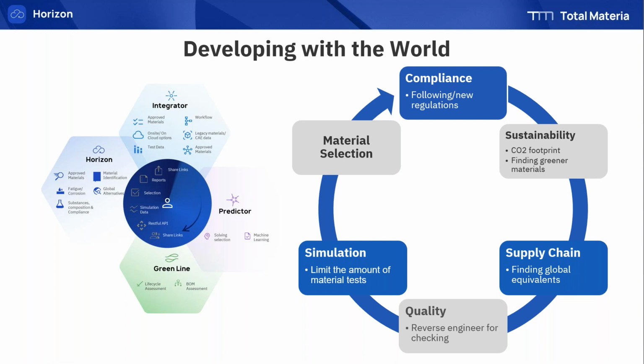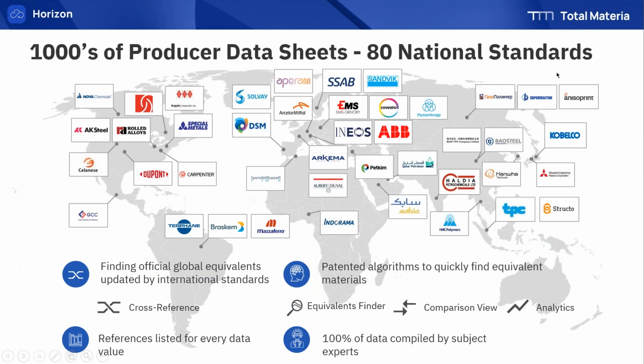So with one and only solution, Total Materia can help you to save some time and be more precise when you're choosing material. You can reach 80 national standards with thousands of material producers' data sheets, so you can compare materials side by side and find the best suitable one for your design to have the best product.